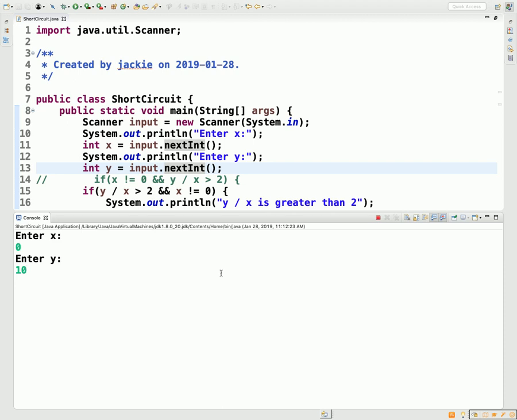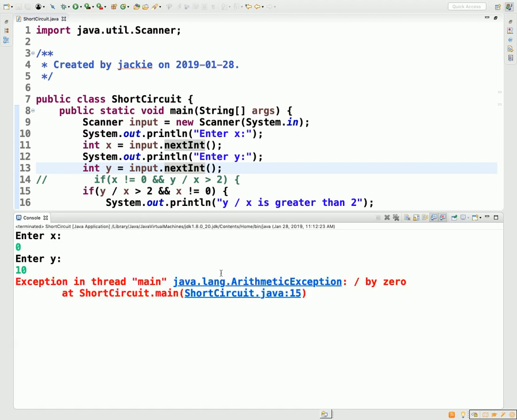As soon as I say enter, oops, the program crashed. Crashed, saying we got division by 0. It's different behavior, right? In the first version, when we say P and Q, it gives us the normal printed output. In the second version, when we say Q and P swapped, it tells us crash. So why is this happening over here, right?